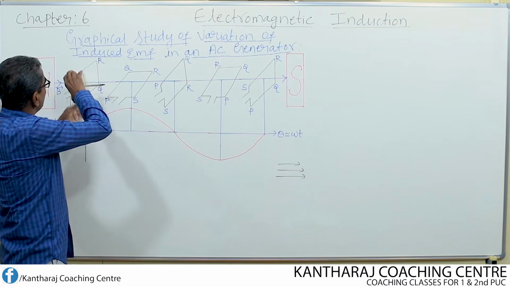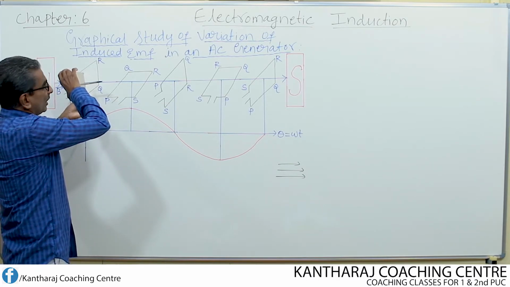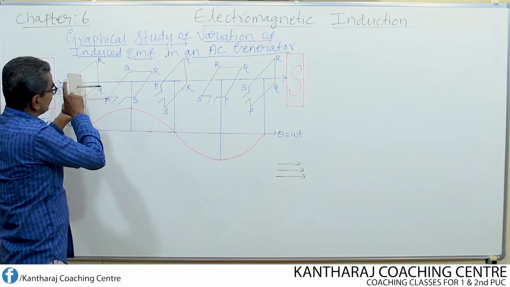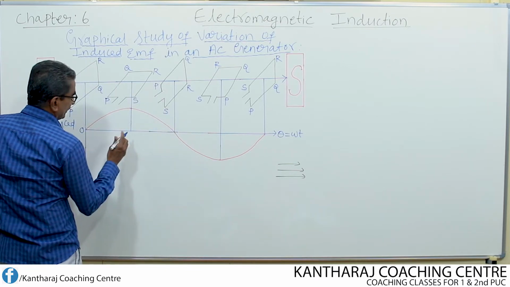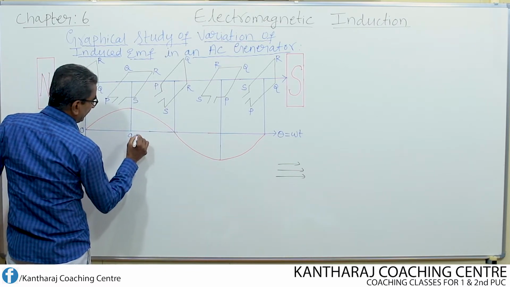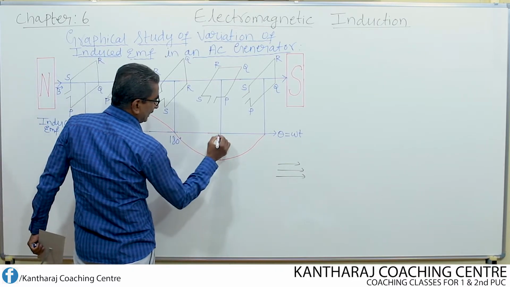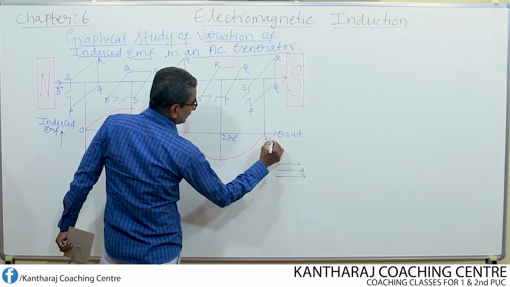Now, if I rotate the coil through how much? Through 90 degrees like this. Look here, let us represent this: 0 degree, 90 degree, and this is 180 degree rotation of the coil, and this is 270 degree, and finally 360 degree.